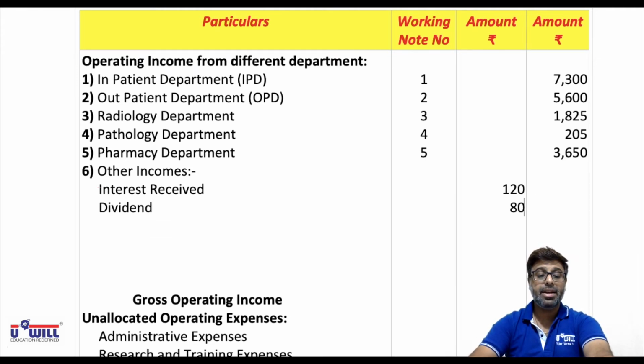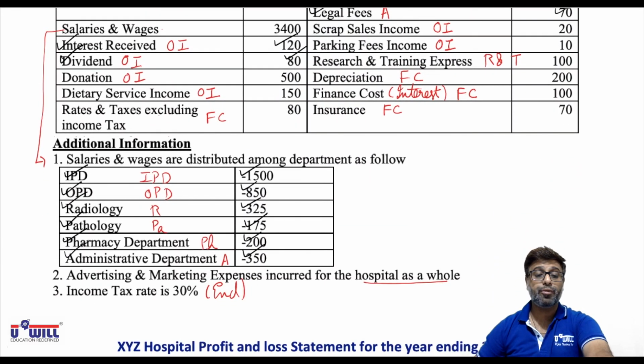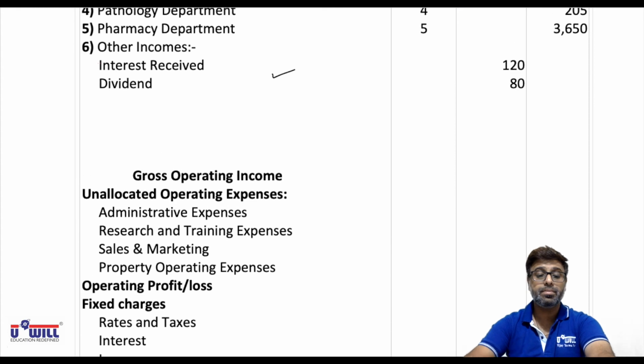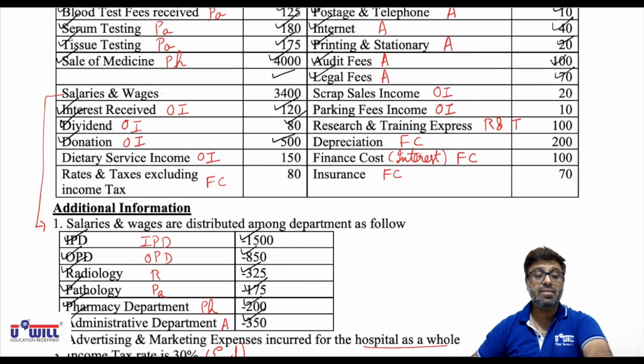Then after dividend income, we have donations of 500. So donations we will record 500. Then after donations, we have dietary service income of 150.